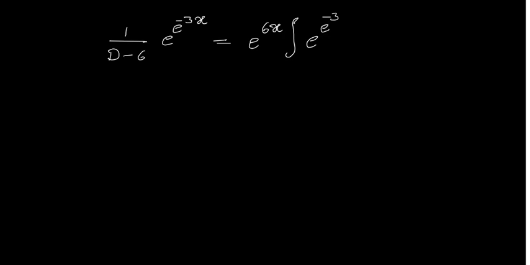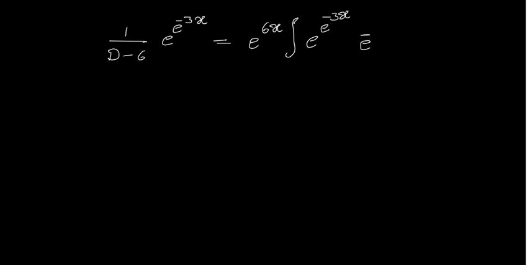The other expression is 1 by d minus 6 acting on e power minus 3x. Now this is e power 6x, since alpha is 6, integral e power minus 3x into e power minus 6x.